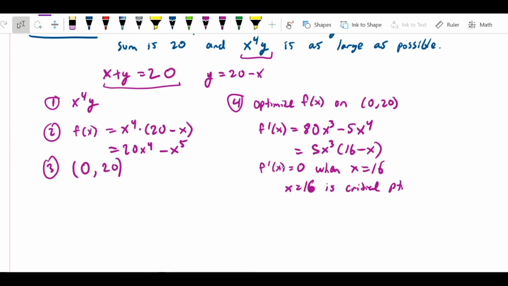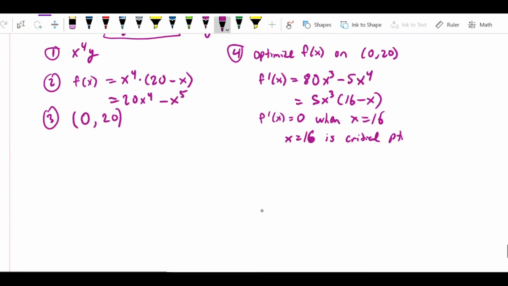You can use the first derivative test, by evaluating the derivative on the left and the right of the critical point, or we can go to the second derivative test. Let's do them both, and both will show that we have a maximum. I can plug in any point to the left or right of the critical point to see if the derivative is positive or negative on either side.